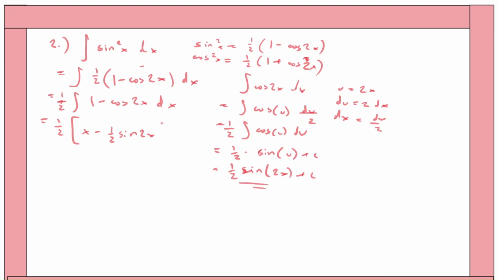And then we would just have this plus c. You can put it inside. Just know that your 1/2 is not going to distribute to the c, if that helps you remember. Then we just distribute the 1/2 to everything. So this turns into x over 2 minus 1/2 times 1/2, which is 1/4, sine of 2x plus c.